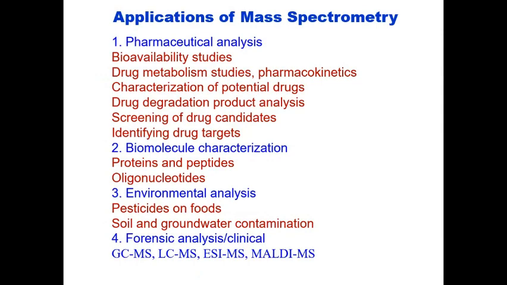We can also use this technique for biomolecule characterization, for analysis of proteins, peptides, oligonucleotides, and for environmental sample analysis, or pesticides in environmental samples. We can analyze pesticides in food samples, soil, or water samples. We can use mass spectrometry for forensic analysis.